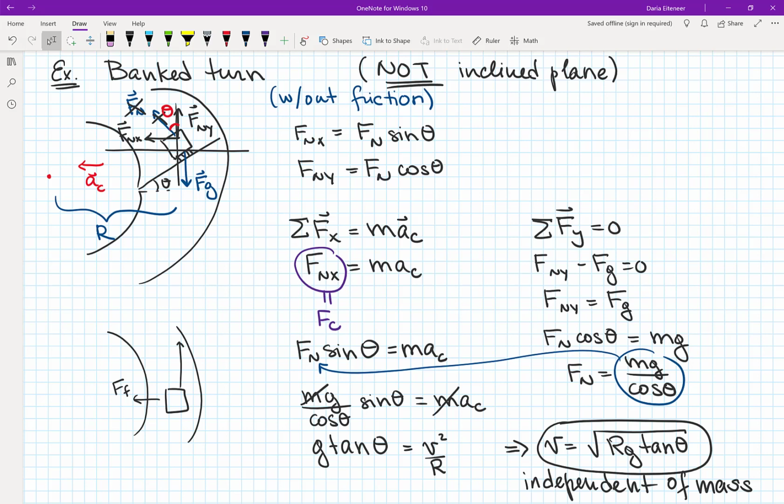And see if you can redo this analysis with force of friction. So anyway, as far as centripetal force is concerned, as far as uniform circular motion is concerned, now you also have a way of addressing uniform circular motion in terms of forces.